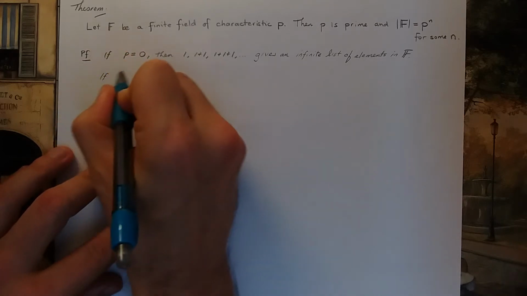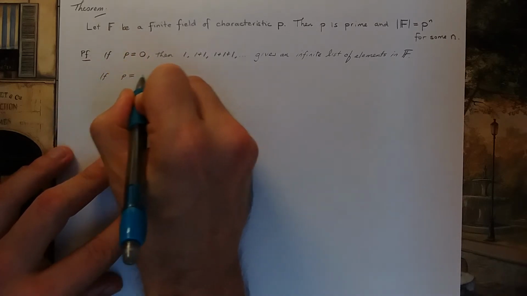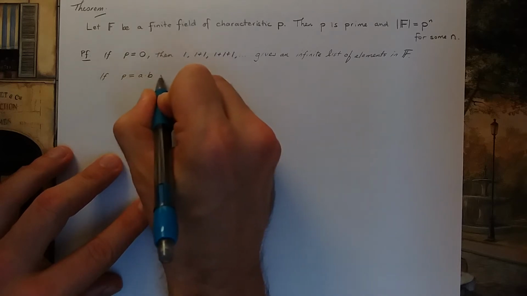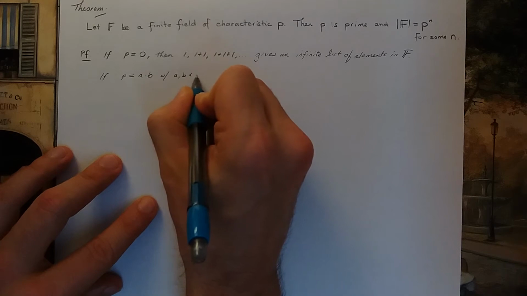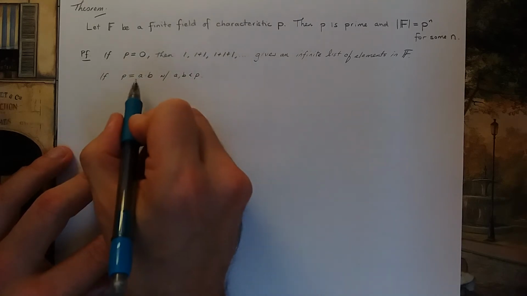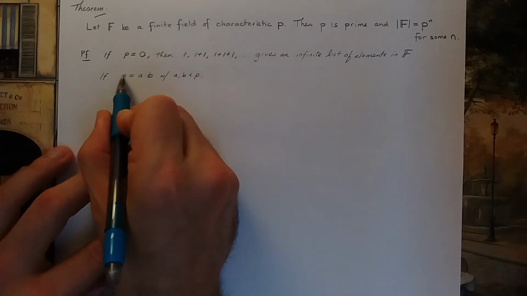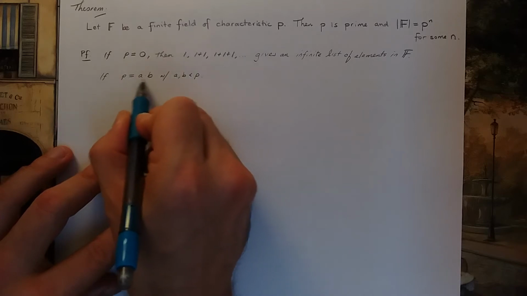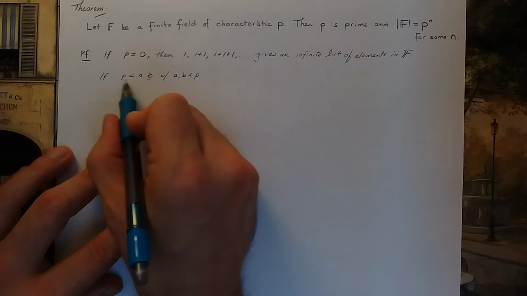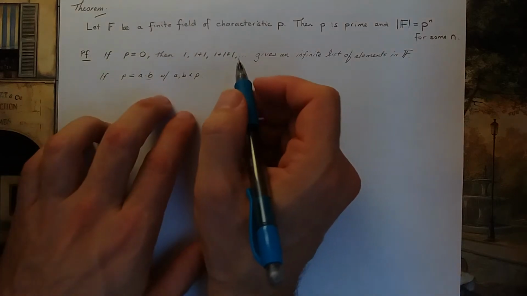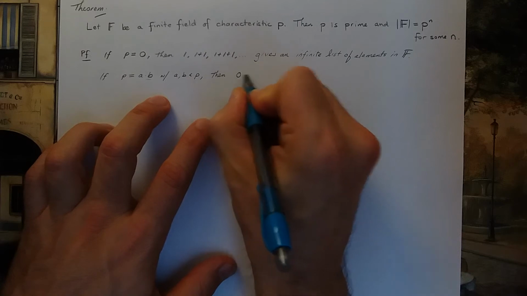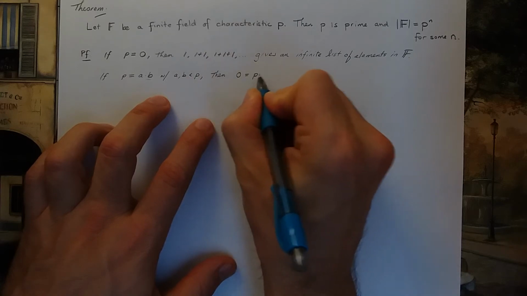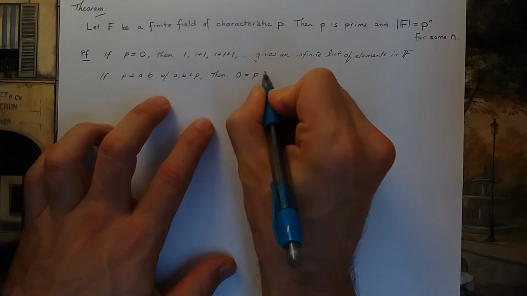Now let's say p is a times b with a and b less than p. So let's say I can write my characteristic p as the product of two smaller numbers. So let's say p is not prime. Then we have 0 is p times 1.